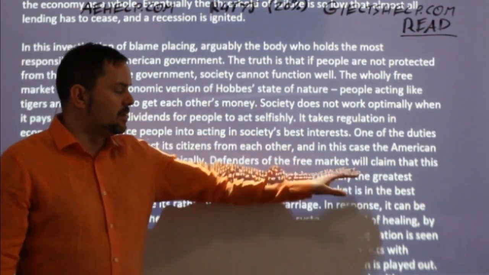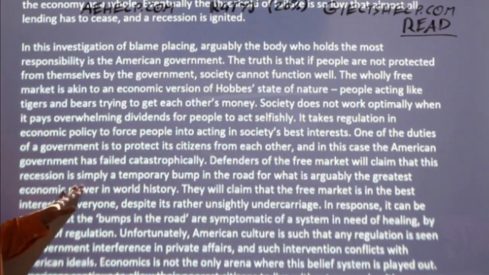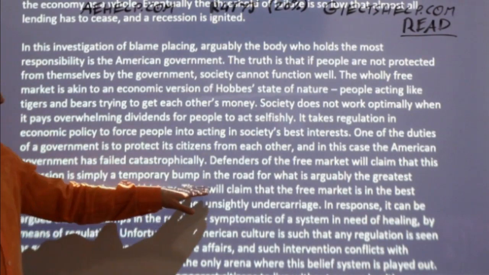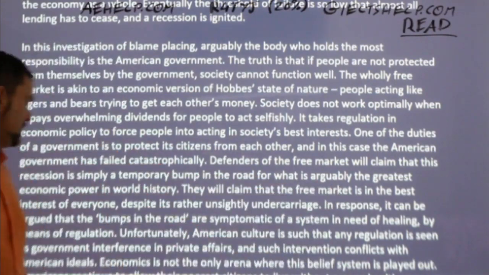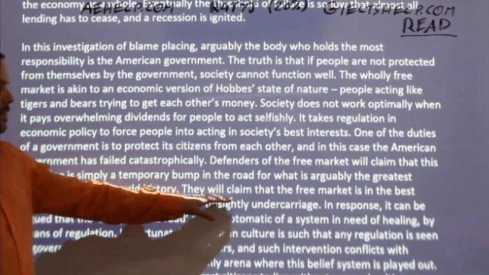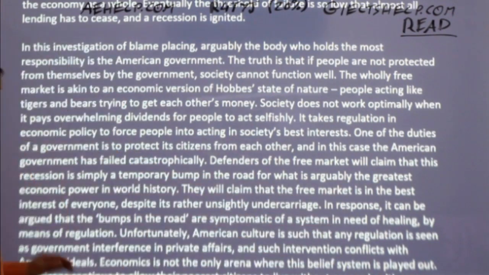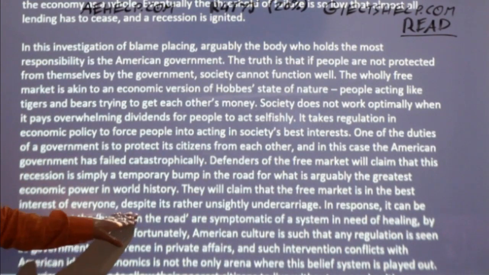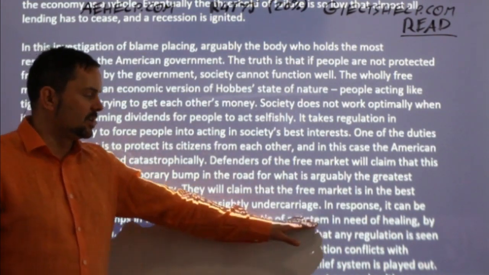Defenders of the free market will claim that this recession is simply a temporary bump in the road for what is arguably the greatest economic power in world history. They will claim that the free market is in the best interest of everyone, despite its rather unsightly undercarriage.